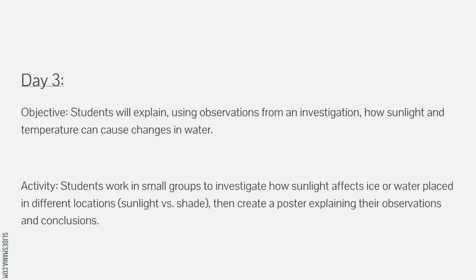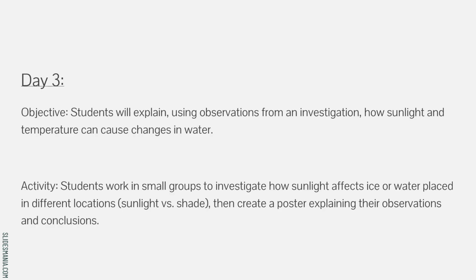Okay, and then for day three, the objective is that students will explain using observations from an investigation how sunlight and temperature can cause changes in water. So day three combines both of the topics that were covered in day one and two.